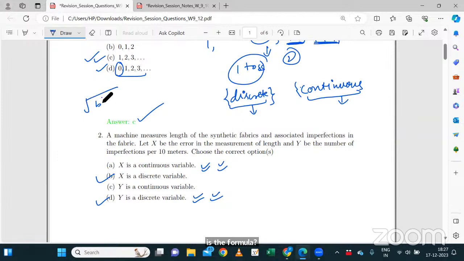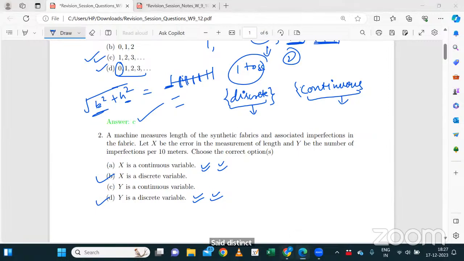For each value of these two, you will get a distinct value, right? You can plot it on a real number line. It will take distinct values, not any value. So that's why it's discrete.